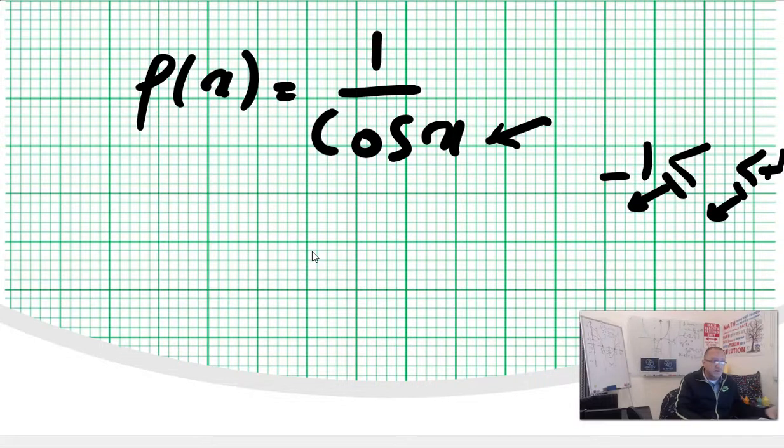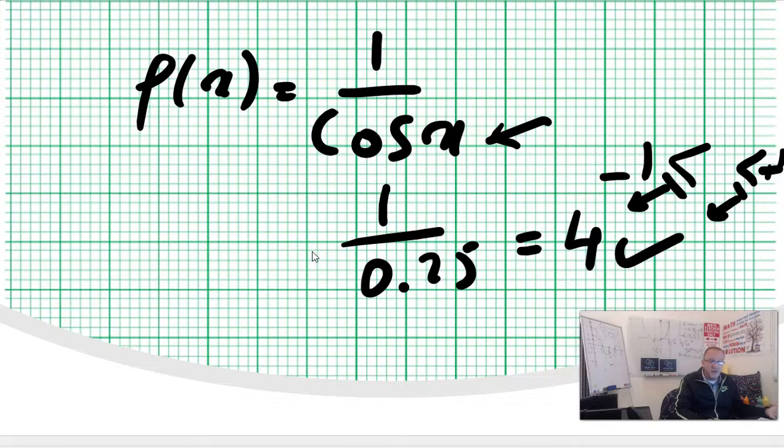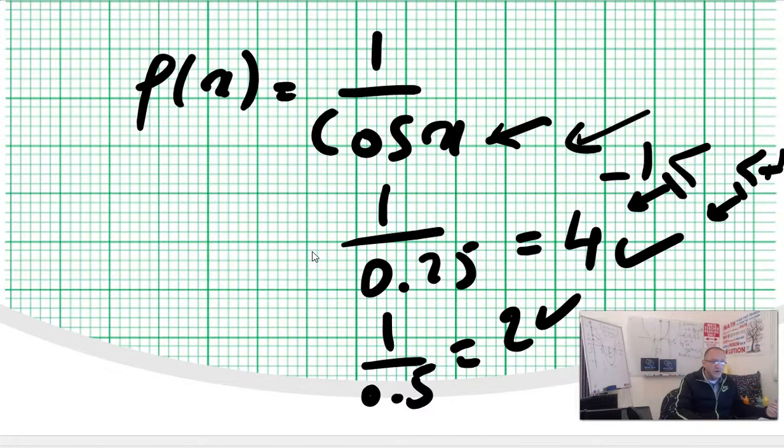You're dividing by a small, tiny cosine as a fraction. It's a ratio, remember? So it's as if you're dividing 1 by 0.25, which is how many 0.25? It's 4. The number is big. Or 1 by 0.5, which is the half. And again, it's 2.